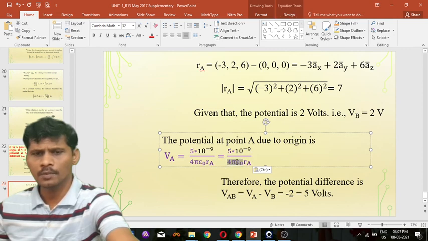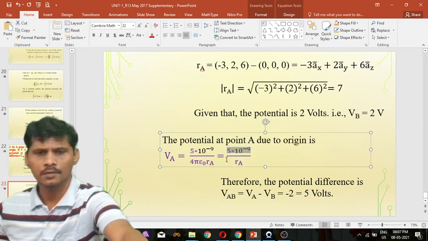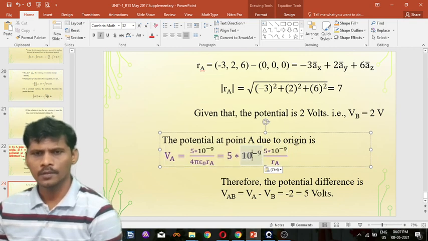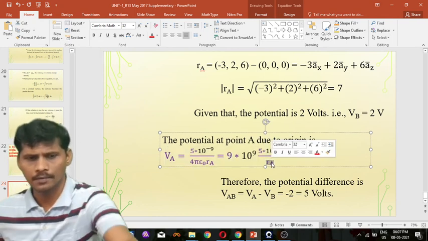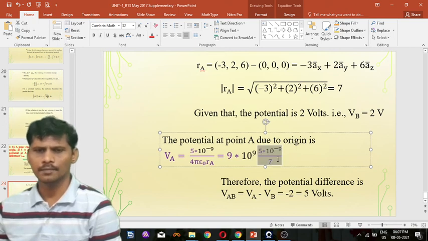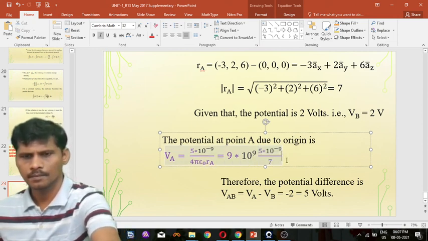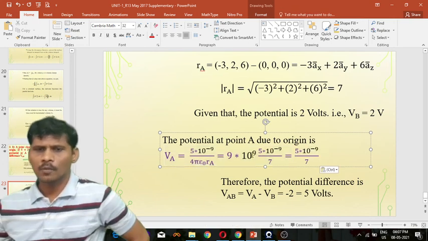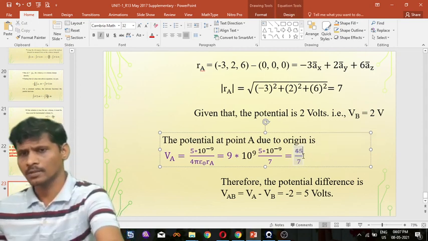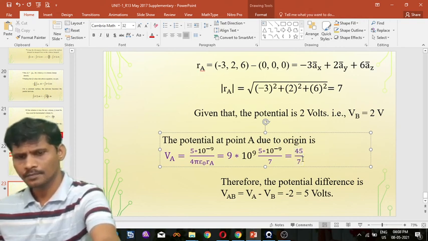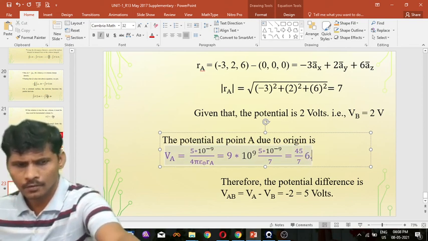What is the value of 1 by 4 pi epsilon naught? It is 9 into 10 to the power of 9, and the RA value is 7. The 10 to the power of 9 and 10 to the power of minus 9 cancel. 9 into 5 is 45, 45 by 7 is approximately 6.2.